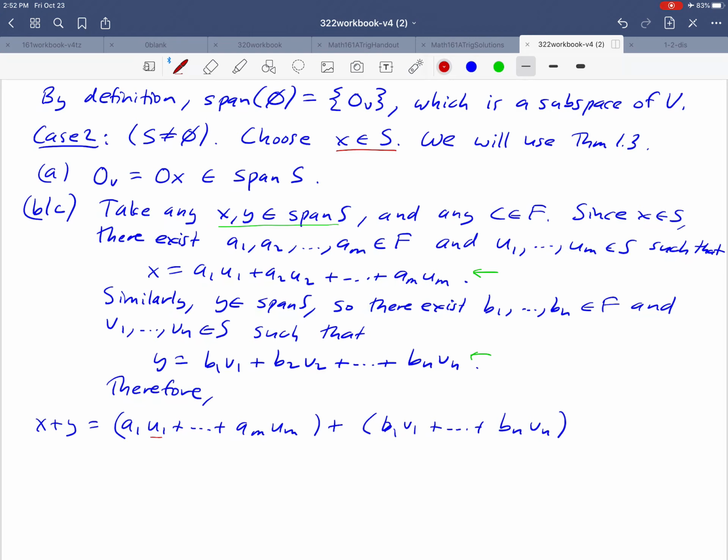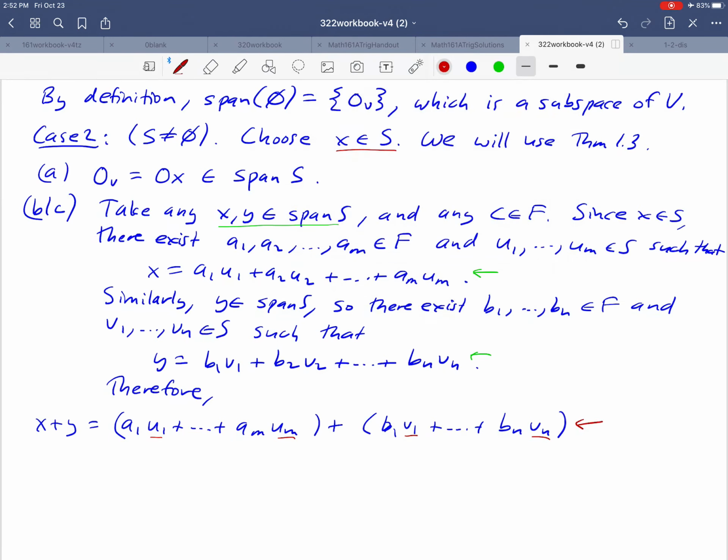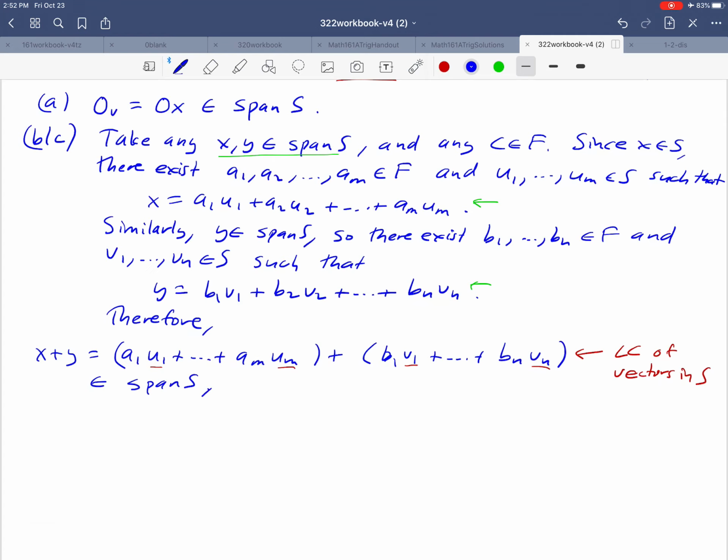If you go to every one of these vectors one at a time and underline them, notice that all of those vectors live in the set S. And so we're looking at just a very big, long linear combination of vectors in S. And that, by definition, means that x plus y is in the span of S. Okay, that's what we wanted to show. That shows closure under addition.